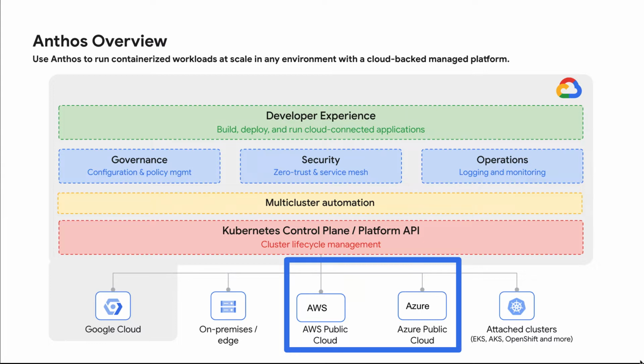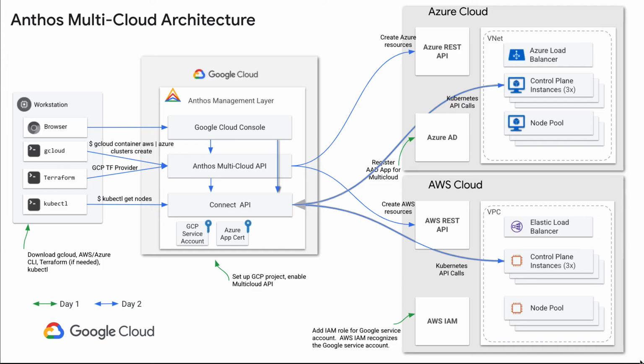Let's now dive a bit deeper into Anthos multi-cloud architecture on AWS and Azure. Anthos multi-cloud is a managed service that helps you provision, operate, and scale Kubernetes clusters in your AWS or Azure account. Anthos clusters are full Kubernetes clusters based on the AWS or Azure infrastructure.